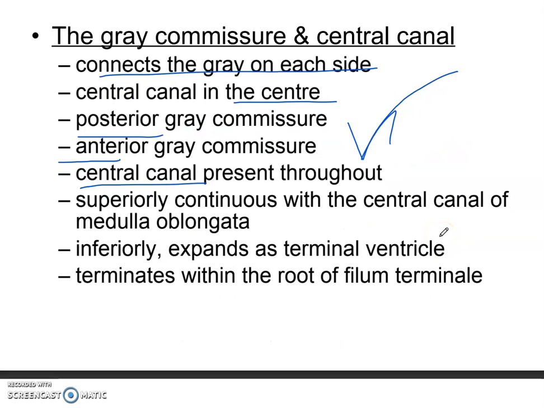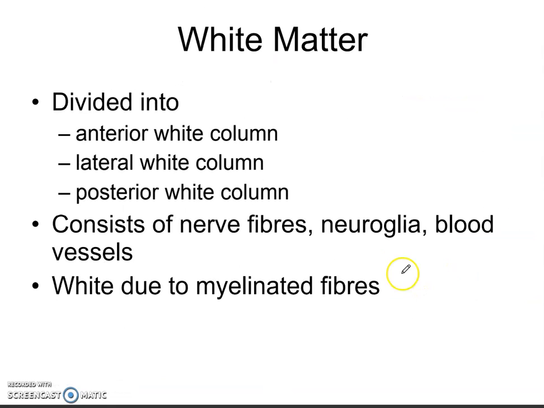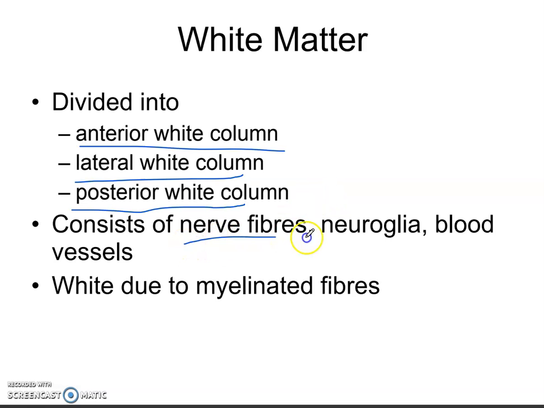Superiorly, it is continuous with the central canal of the medulla oblongata, and inferiorly, it expands as the terminal ventricle and terminates within the root of the filum terminale. Okay, and what is white matter? It is divided into the anterior white column, lateral white column, and posterior white column. It consists of nerve fibers, neuroglia, and blood vessels.